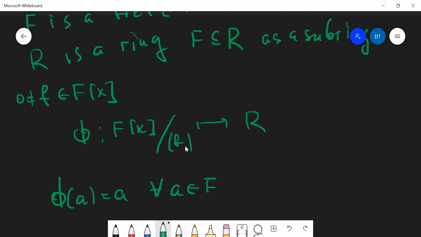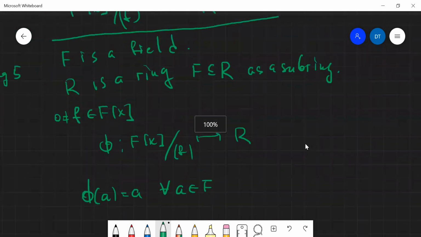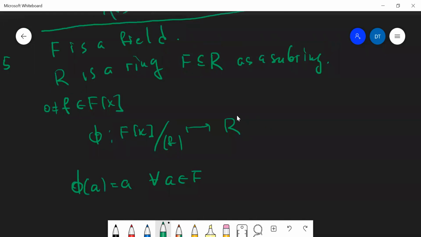So I want it to be identical on the field F. So this is what I want to explain. So again, F is a field, R is a ring containing our field as a subring, and I want to describe all possible homomorphisms from this ring to R such that this homomorphism acts trivially on all their coefficients. So this is the goal.